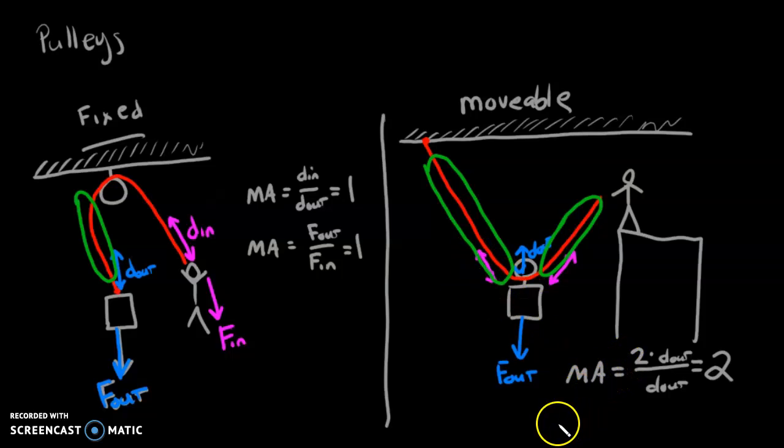So if I have a mechanical advantage of 2, 2 equals force out divided by force in. Therefore, my force in equals force out divided by 2. So the force I have to use to move this object is half the force of the object itself.